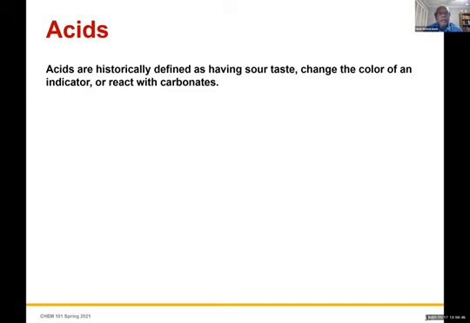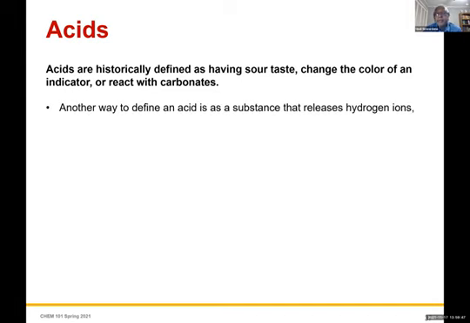So another way to define an acid is a substance that releases hydrogen ions. That's a chemical description of it. Hydrogen ions are produced when they dissolve in water.